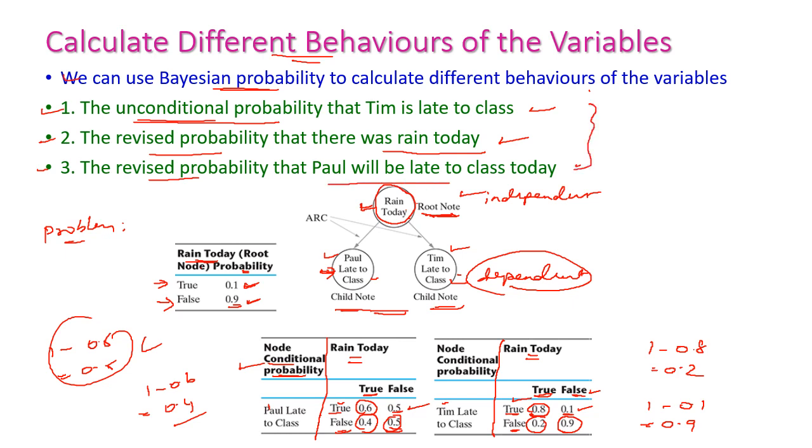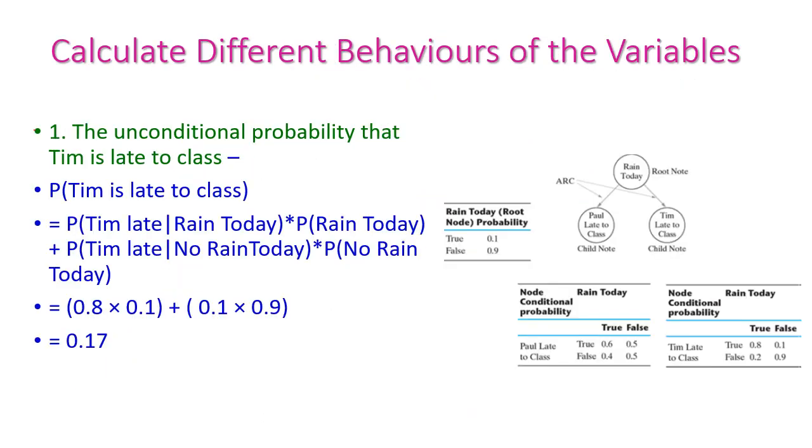So these three calculations we need to do for our problem. First, the unconditional probability that Tim is late to class. This is what we need to compute.